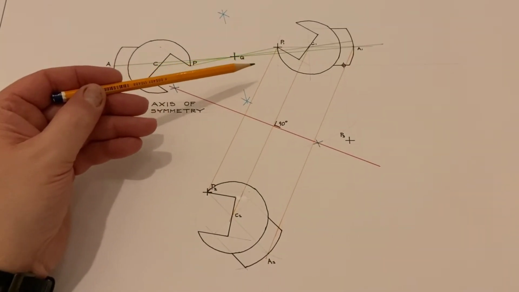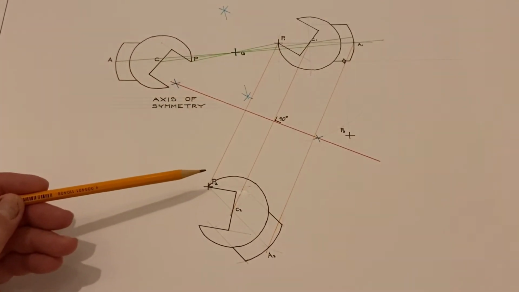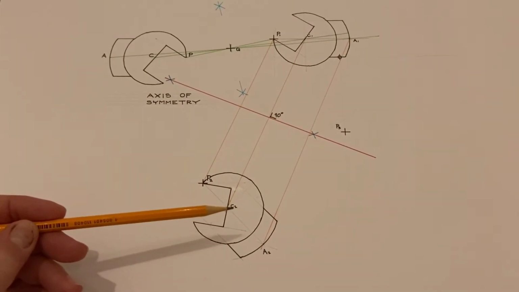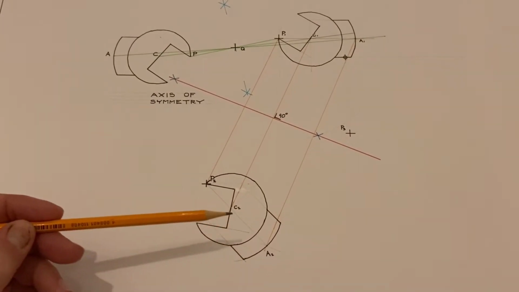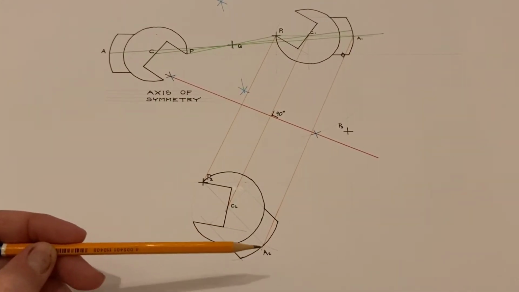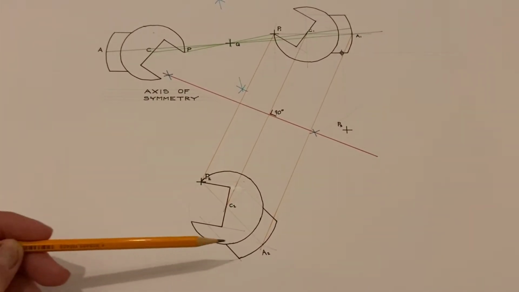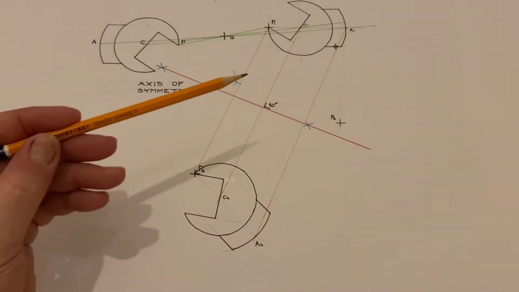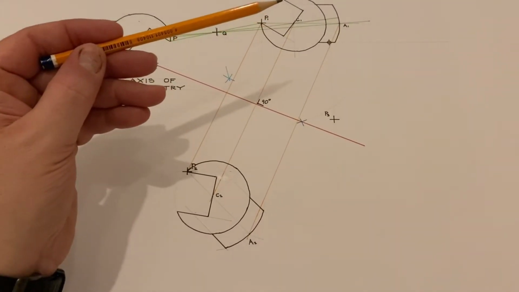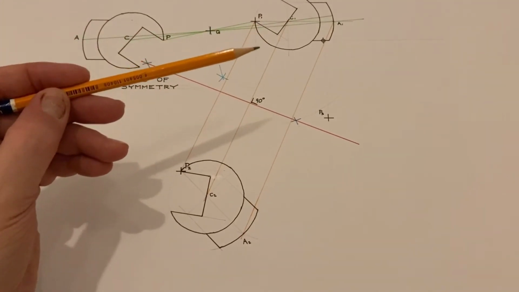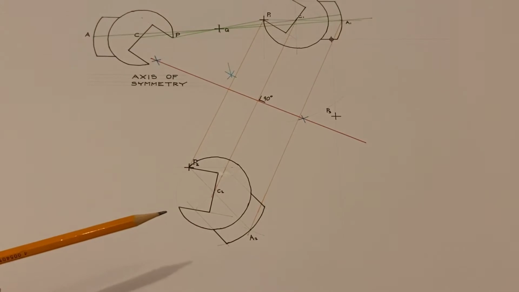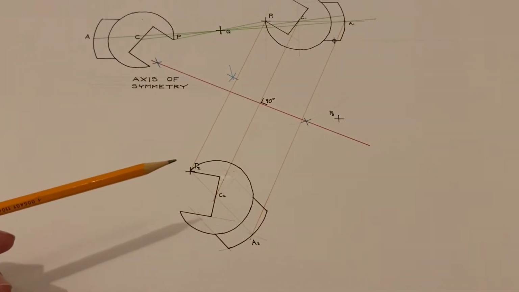Once we've brought these points across the line at an angle of 90 degrees and you found P2, C2 and A2, you have the main axis going through the image. So we draw the circle, we draw the arc, and because the actual opening for the spanner is facing away from the line on this side, the opening for the spanner has to be facing away from the line on this side.